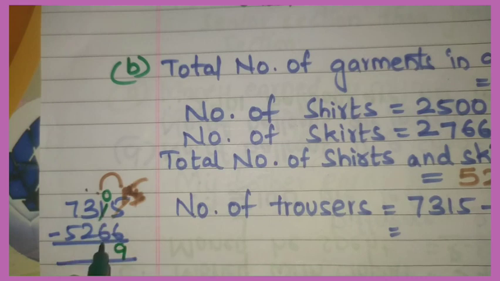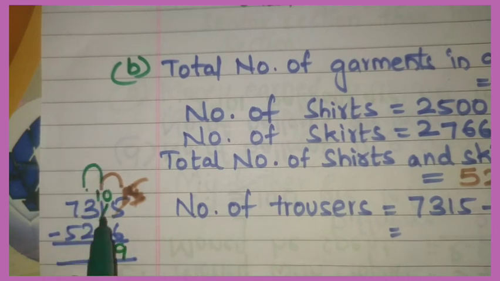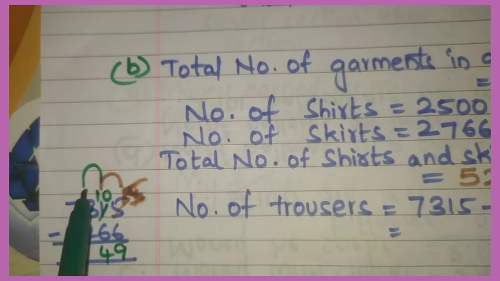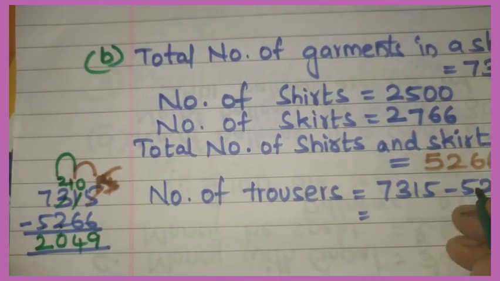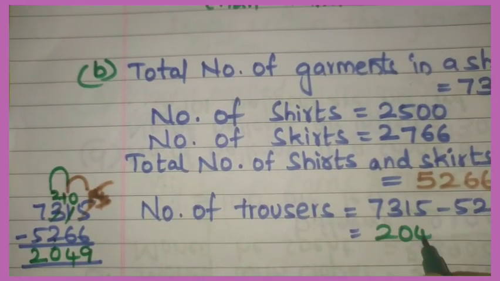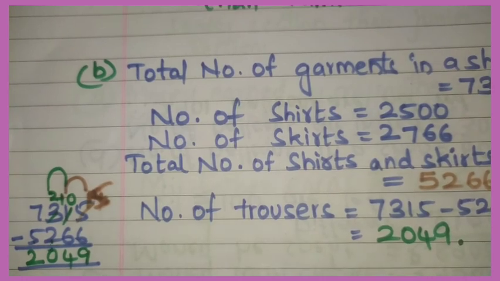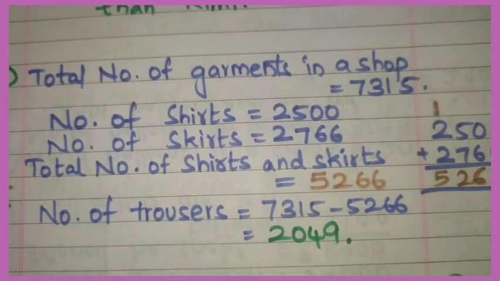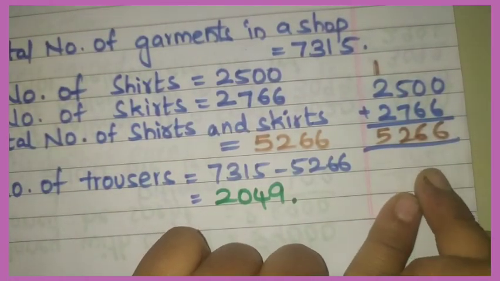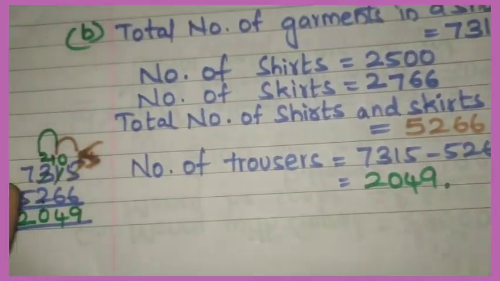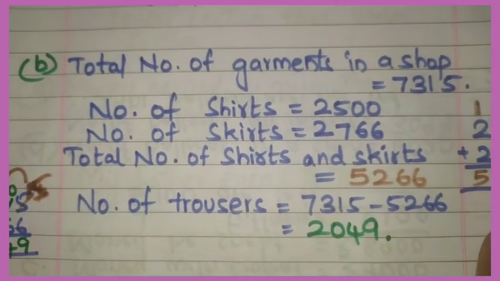From 0 we cannot subtract 6, so we have to take borrow. It will be 10. 10 minus 6, 4. Here 3 will become 2. 2 minus 2, 0. 7 minus 5, 2. Therefore we got 2049 trousers are there. Okay, this is B answer. You have to write this subtraction here only. Here place sufficient not there, so I wrote here.